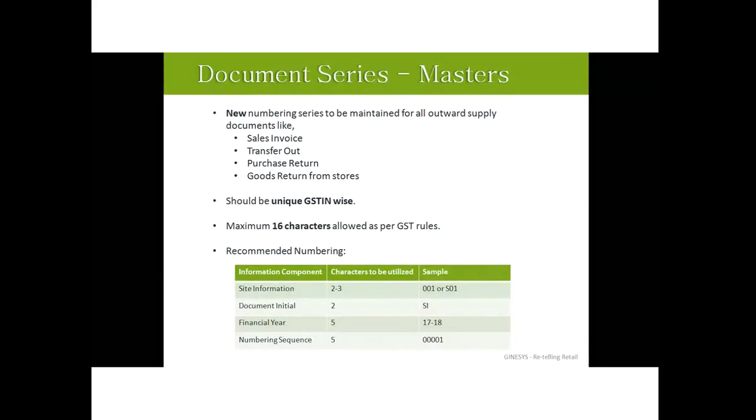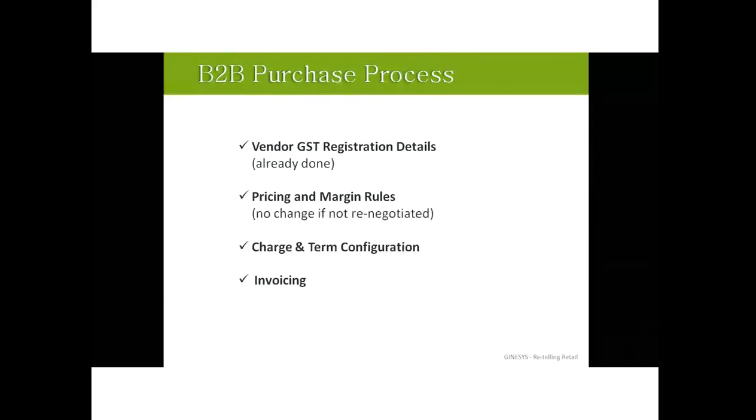Okay. So now moving to B2B purchase process. For the B2B purchase process, what things do we need to do? First, we'll have to provide vendor GST and registration details, which I have already explained earlier. Then you'll have to specify the pricing and margin rules.